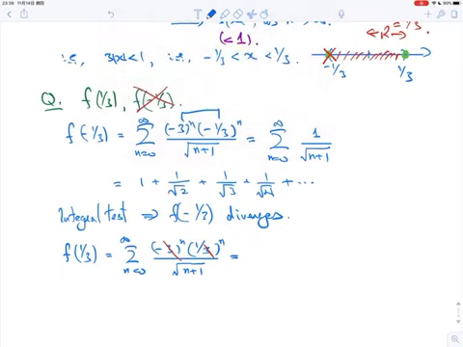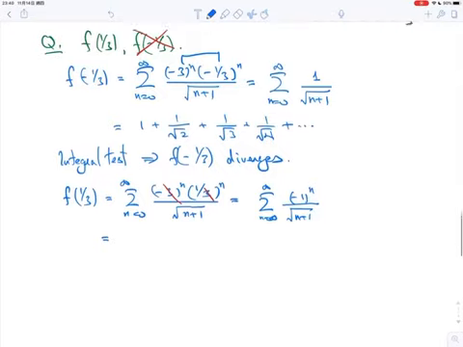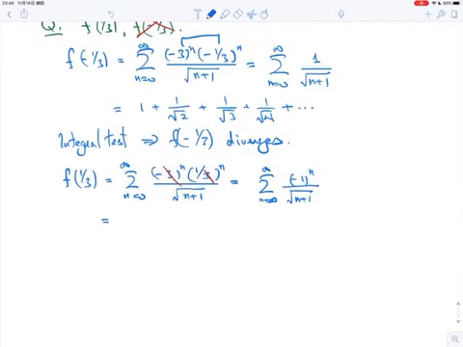But not the negative sign this time. So we would have minus 1 to the power n left on top, divided by root n plus 1, n goes from 0 to infinity.